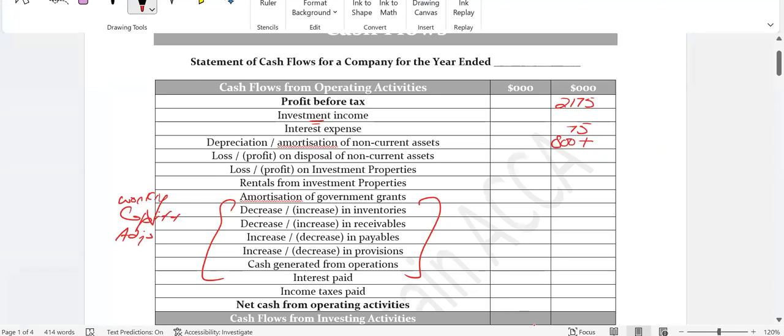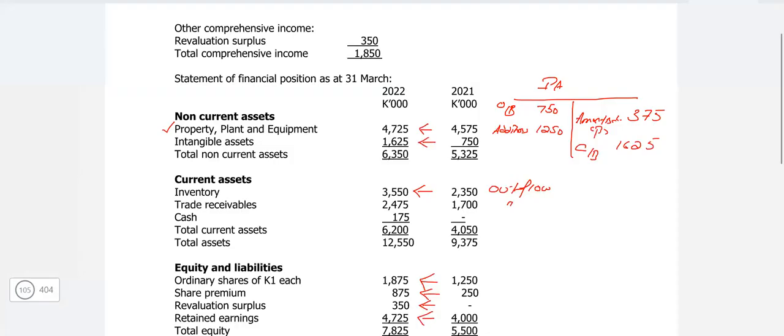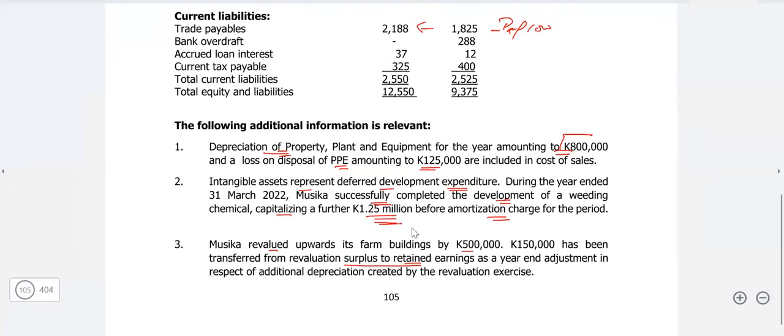Now this amortization we take over here, 800 plus 375, which is the amortization. Then we have the profit or loss on the disposal of the non-current asset, and it clearly says in the question that we have a loss. The loss on the disposal of the property, plant, equipment is K125.